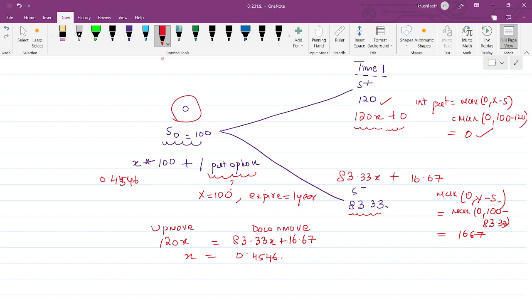Okay, so value of my portfolio in case of an up move, if I buy 0.4546 shares of the underlying, is going to be 120x, which is 120 into 0.4546.